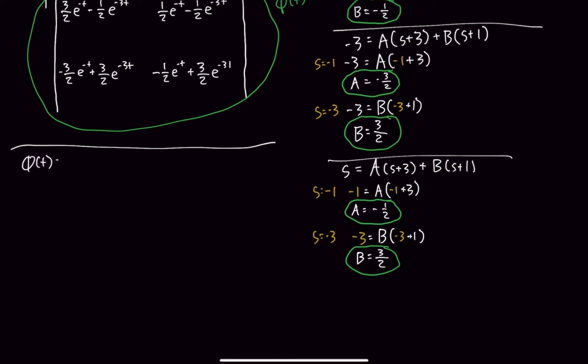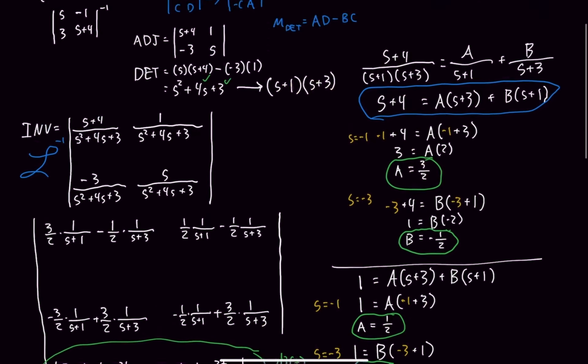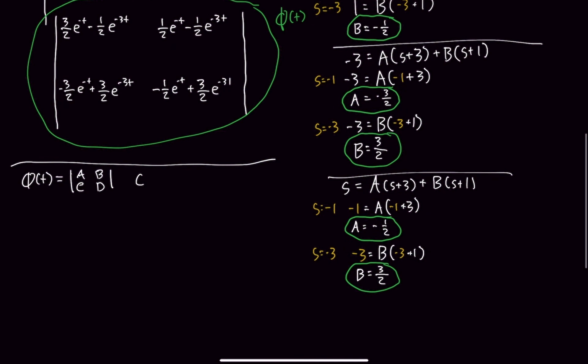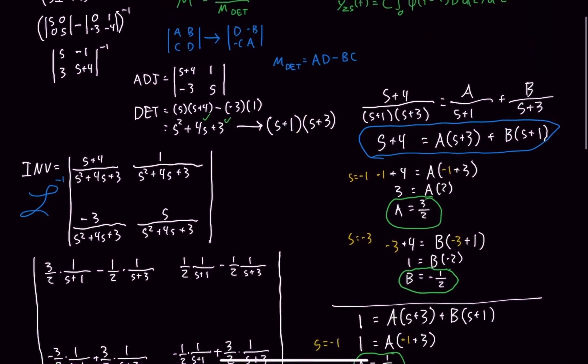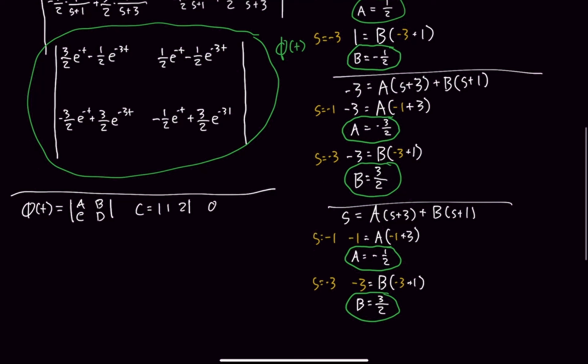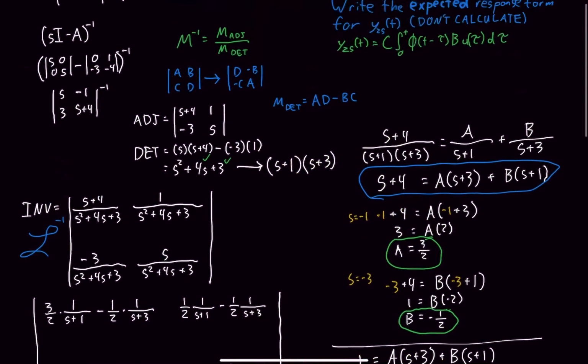Phi t equals A, B, C, D. I don't want to rewrite that every time. Our C is 1 and 2, and our Q naught is 1 and negative 2. Let me make sure I copied that correct.